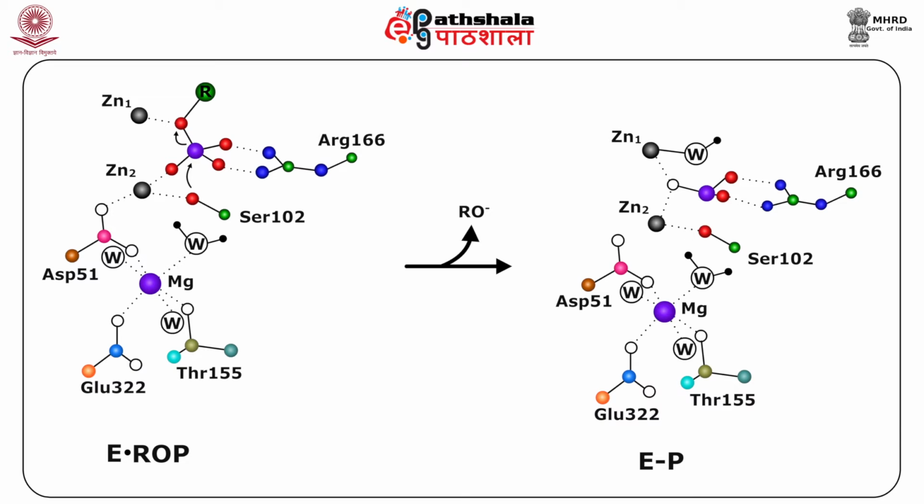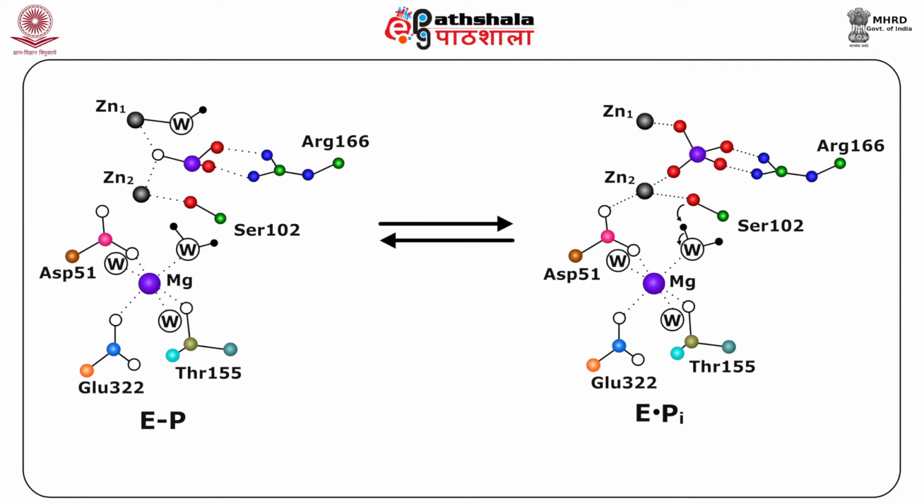Then serine 102 performs a nucleophilic attack on the phosphorus atom, resulting in the formation of the covalent enzyme phosphate intermediate EP. This results in the inversion at the phosphorus center and loss of the leaving group RO-.